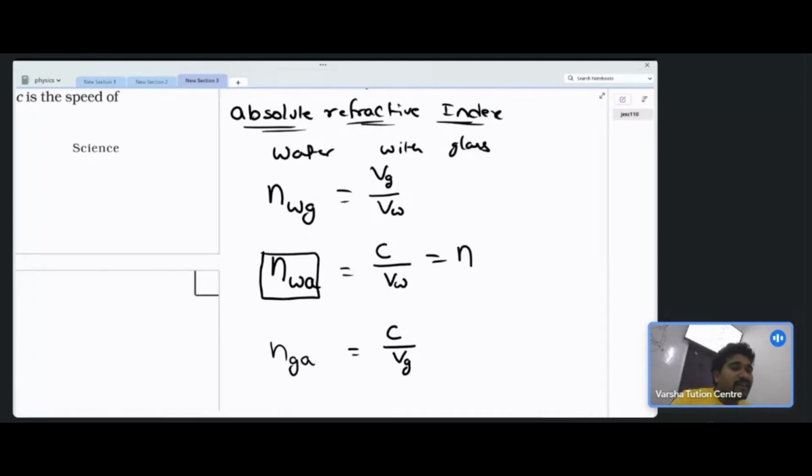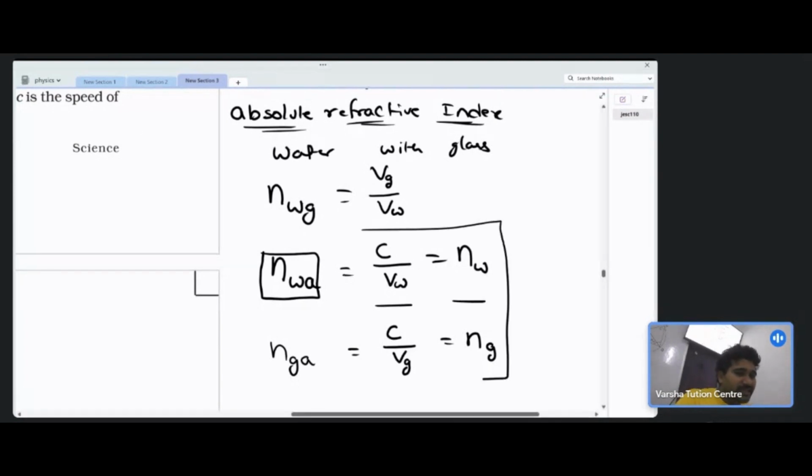You will not indicate like this. Simply I will write it as NW. Simply NW means with respect to the air or vacuum. So here I will write it simply as NG. Now let me divide these two.